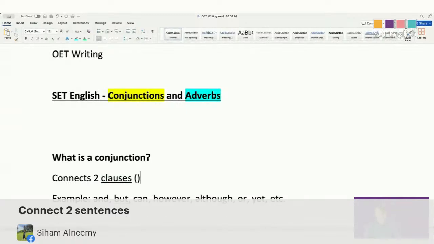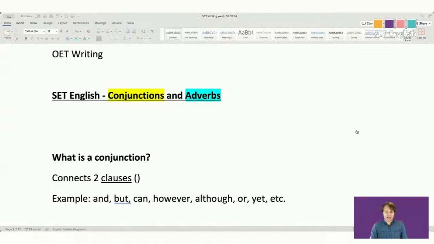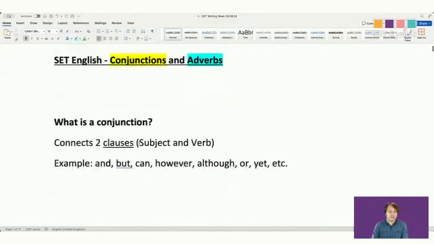And for today, it's a bit more complicated, but for today, we can say a clause is just subject and verb. Okay, so that's what a clause actually is. It's a subject and a verb. Connect subjects and verbs. I hope this makes sense for you guys.